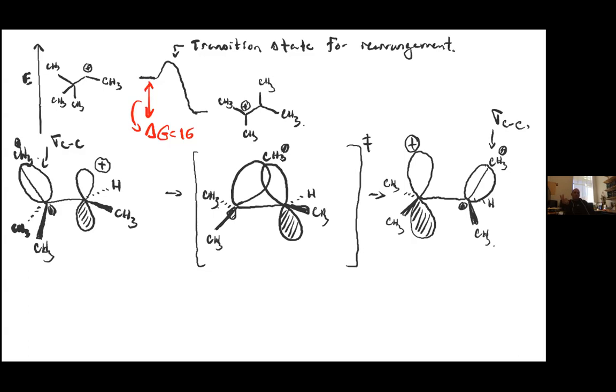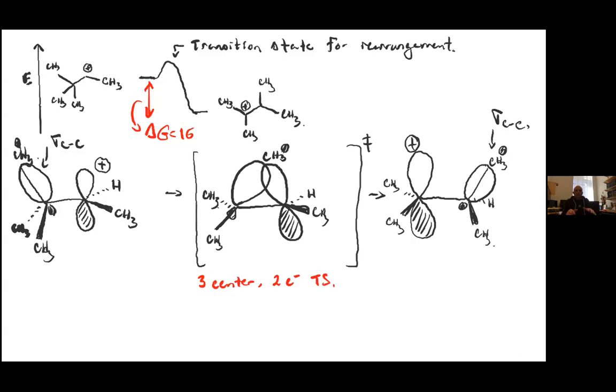The p orbital, of course, is empty. And so we call this a 3-center, 2-electron transition state. Okay. And so it proceeds through this transition state.